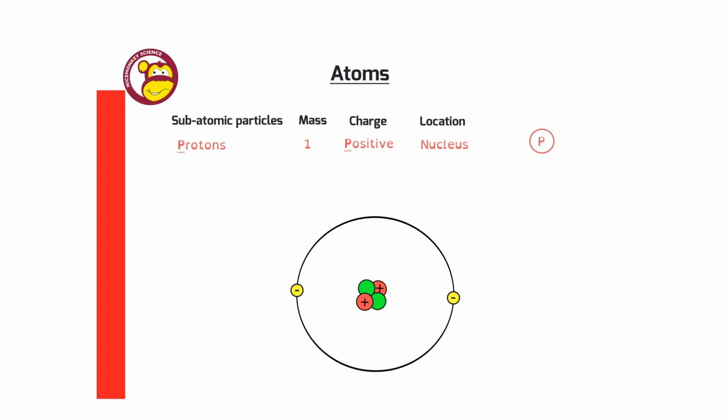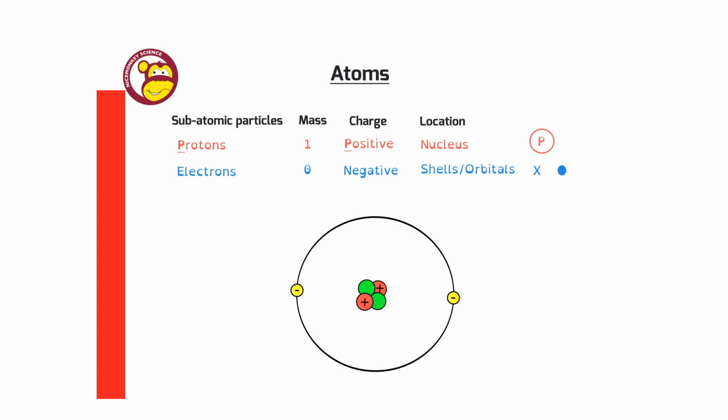And they have a mass, we just say, of 1, no unit, and they are found in the nucleus. So I suspect you can probably guess that the red particles down here with the plus sign are the protons. They might also be represented by a circle with a P in.